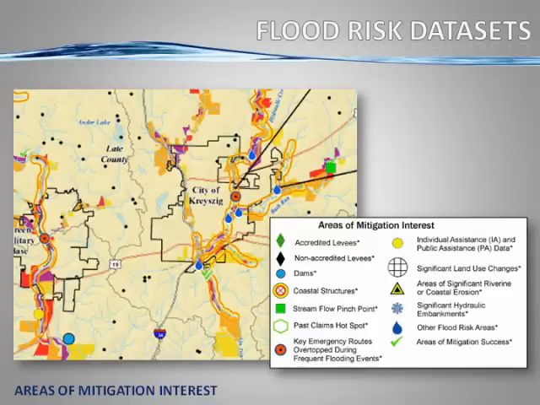This is an example of what the areas of mitigation interest look like. Literally just points on a map that show you all the different things that have been done in this particular area: accredited levees, non-accredited levees, dams, coastal structures, areas of significant riverine or coastal flooding, other flood risk areas. So there's quite a bit of different places.